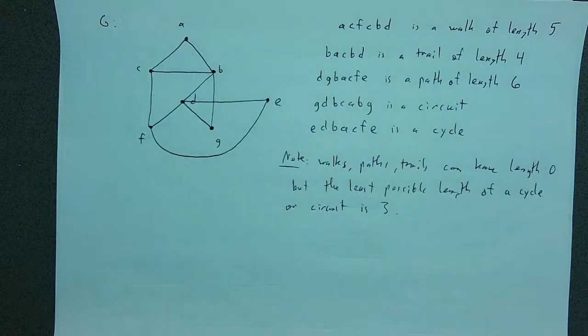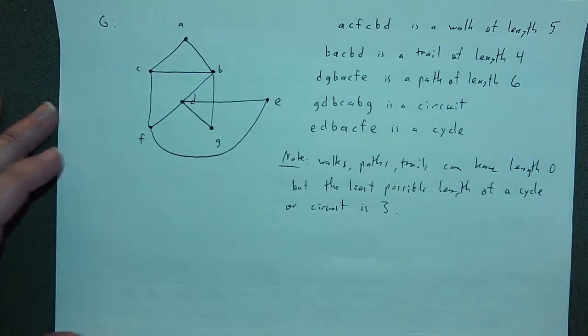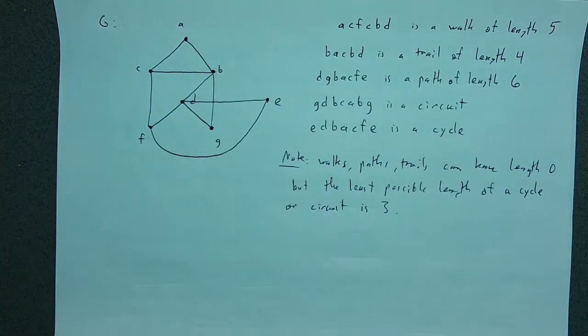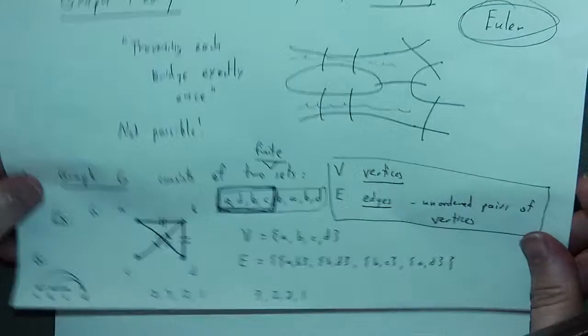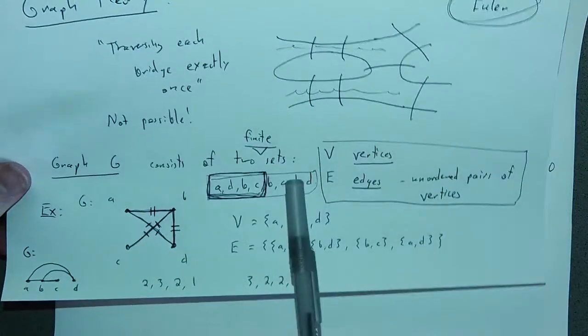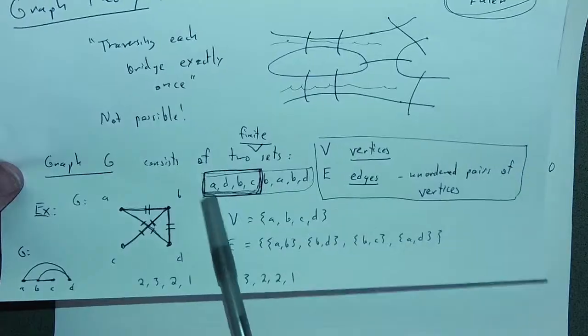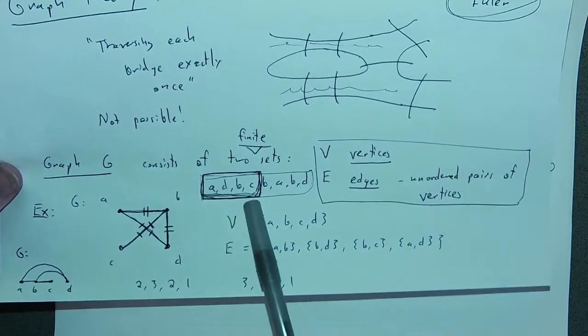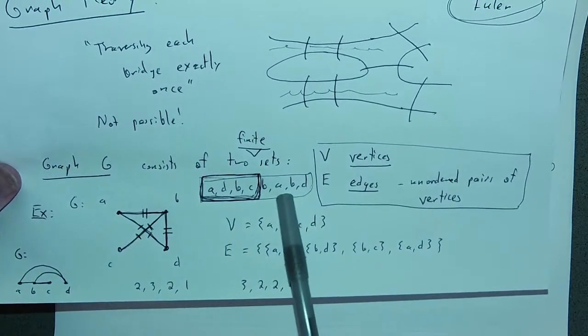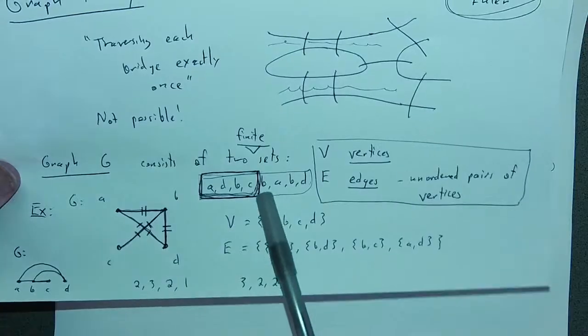Okay. Now, before I state the next theorem, I'm going to go back again to our very first example. And I gave you an example of a walk, right? When I first defined a walk, I gave you this example, A, D, B, C, B, A, B, D. And I said, well, clearly that's not a path.